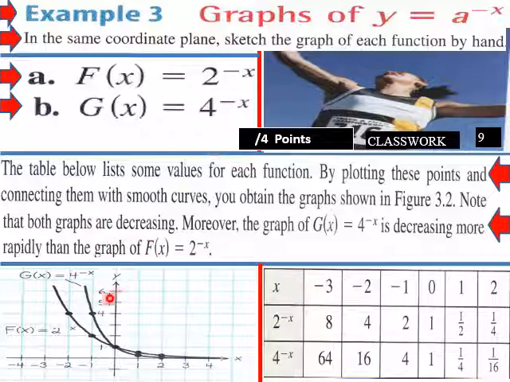With these negative exponents, both these graphs are decreasing like that. The graph of g of x equals 4 to the negative x is decreasing more rapidly than f of x equals 2 to the negative x. So this graph here is 4 to the negative x. The 2 to the negative x is a flatter graph.